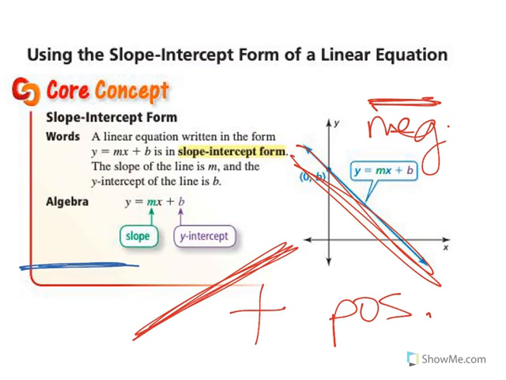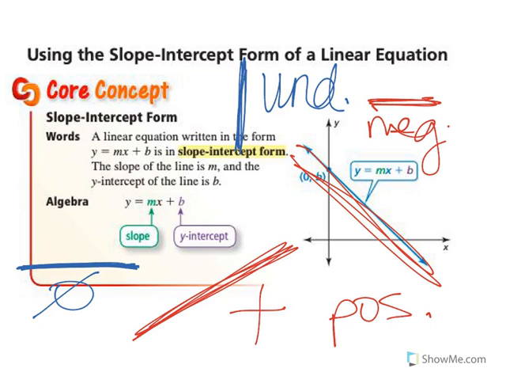Also, that if it's horizontal, that's a zero slope. If it's vertical, that's what we call undefined. Okay, it doesn't mean it doesn't have a slope. The slope is undefined. There's no way to describe it except that it's undefined and our line is vertical. So make sure you have this in your notes and are starting to get it in your head.